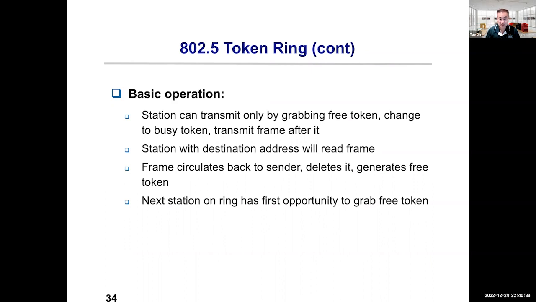The station with the destination address will read the frame, which circulates back to the sender. Basically, you change the token from free to busy, and you send it. All other workstations detect that and recognize that workstation A is going to send, so I had better keep quiet.